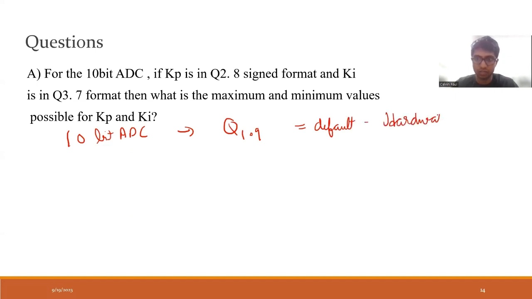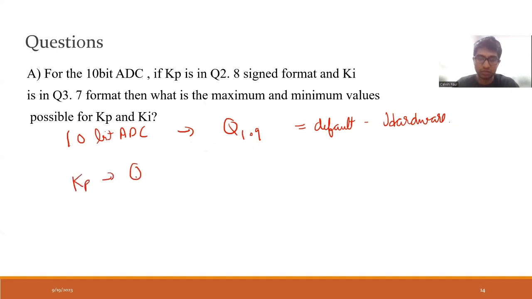This is the default one which is used in search hardware. So a 10-bit ADC gives a value in Q1.9. When they say 10-bit ADC, you must use this format because that is the one being used in the course.